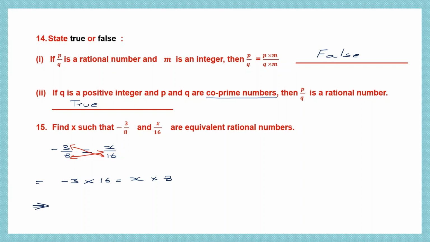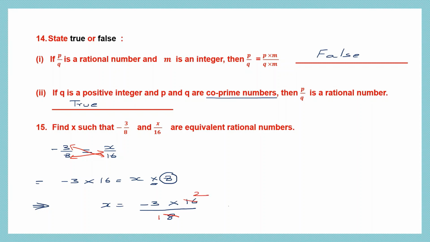To find the value of x, I'm going to write x as it is. And we have minus 3 into 16 on the other side. Now this 8, I'm going to move it from here to the other side. It's multiplication, so when it moves, it becomes division. Now we can cancel 8 and 16. 8 ones are 8, 8 twos are 16.